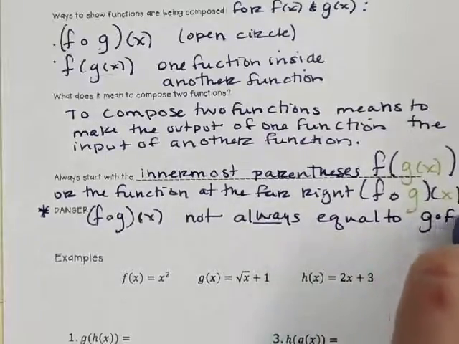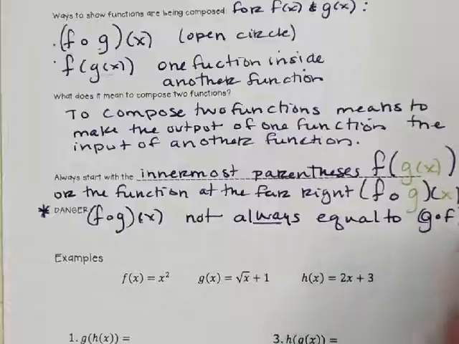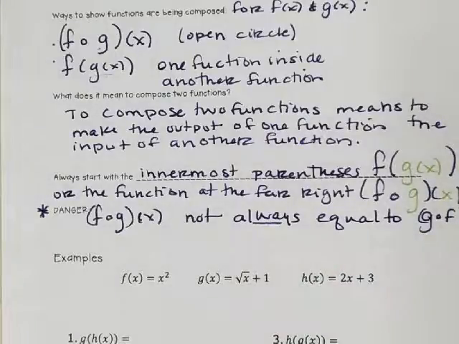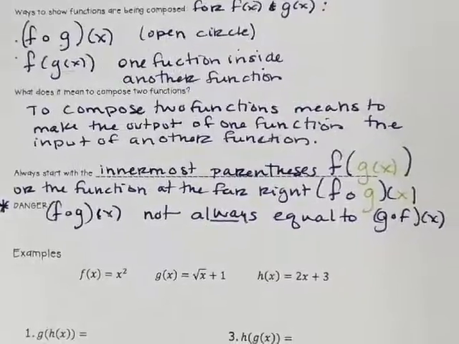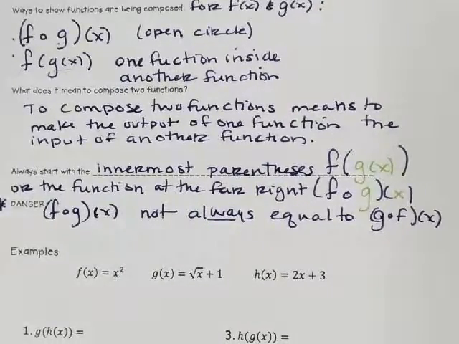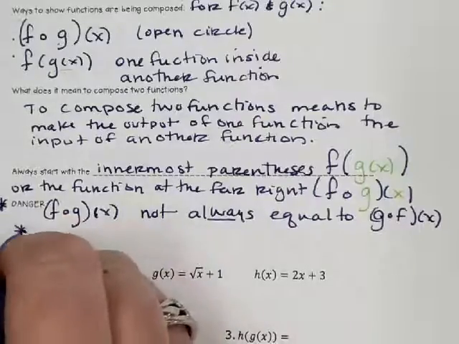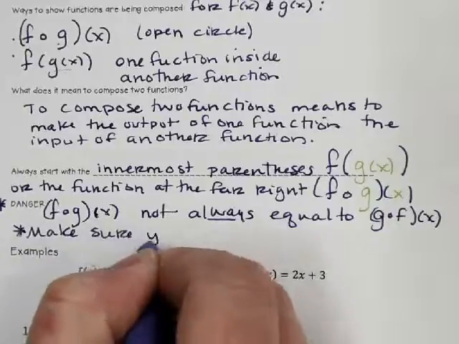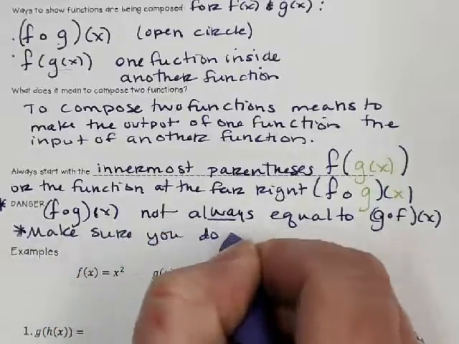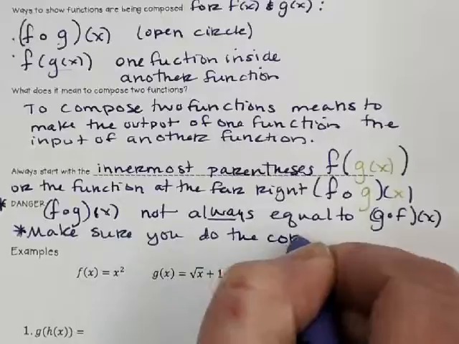And when I say it's not always, that means that there are occasions where those two compositions, which are opposites of each other, actually equal the same thing, but they aren't always. So the point here is to make sure you do the correct function first.